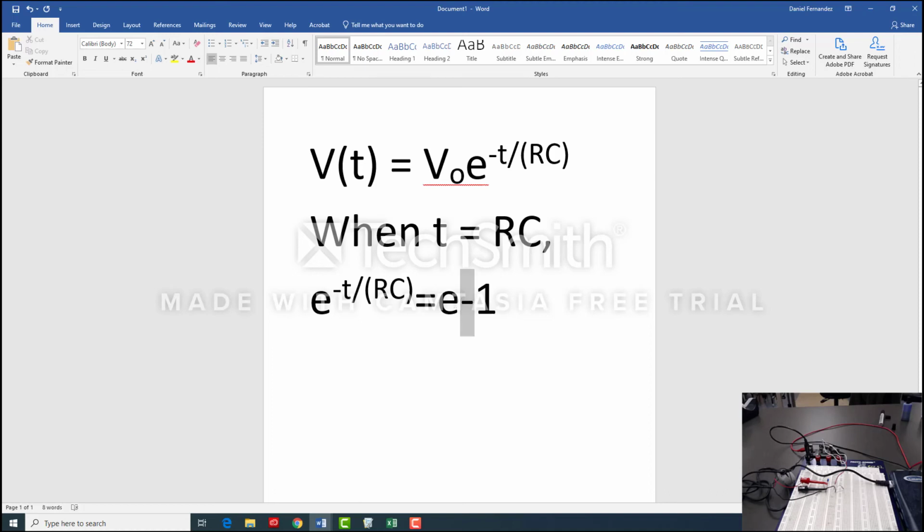And e to the minus 1 is equal to 0.368 approximately.